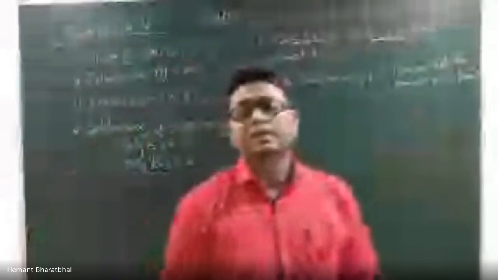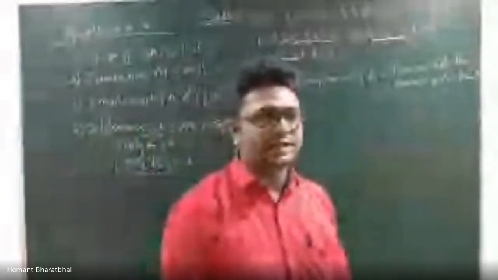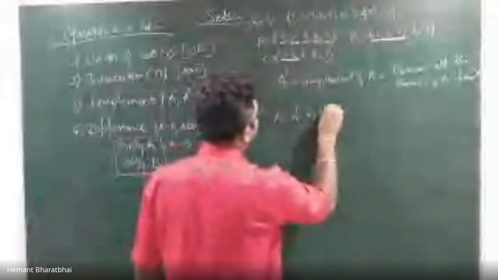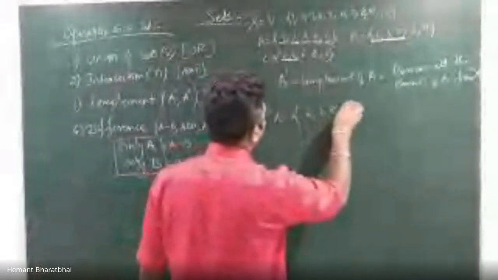So if I am saying complement of A, it means remove all the elements of set A from the universal set, and then you write whatever elements are remaining. If I remove all the elements of set A, that is 1, 2, 3, 4, 5, what remains inside is 6, 7, 8, 9, and 10.